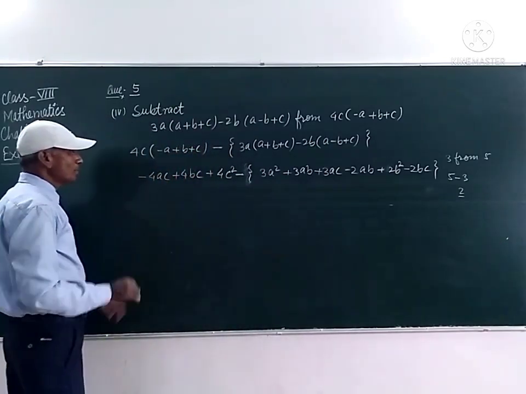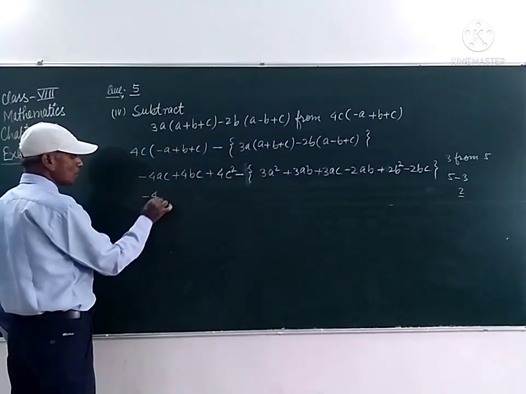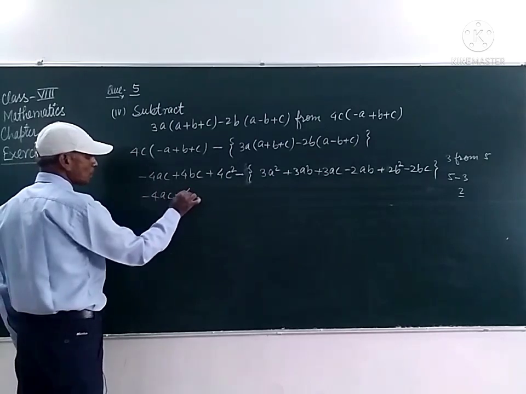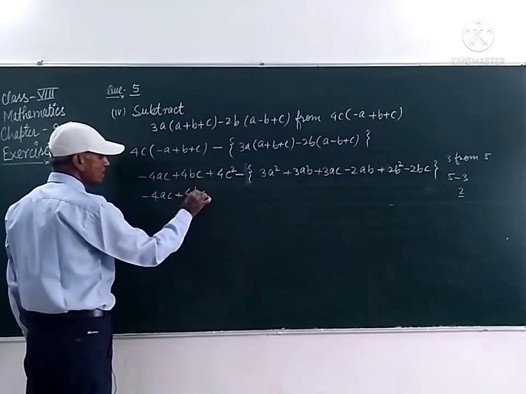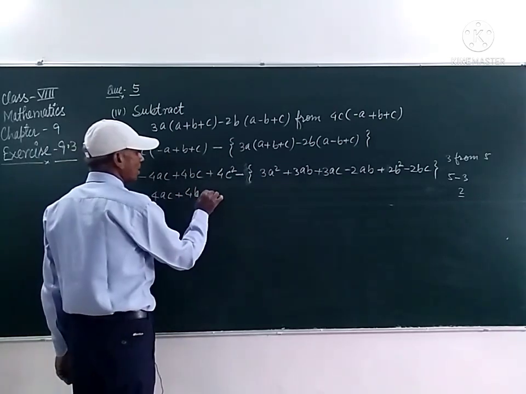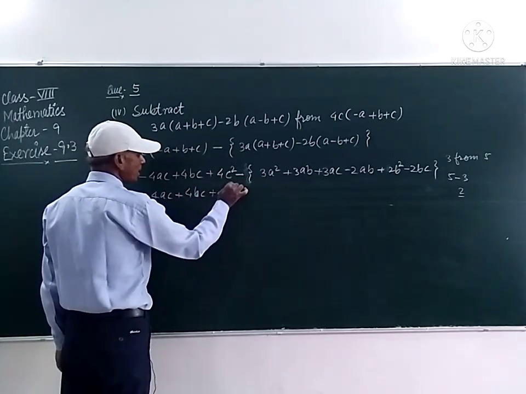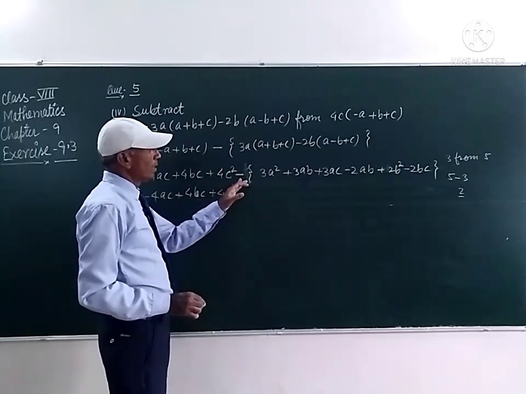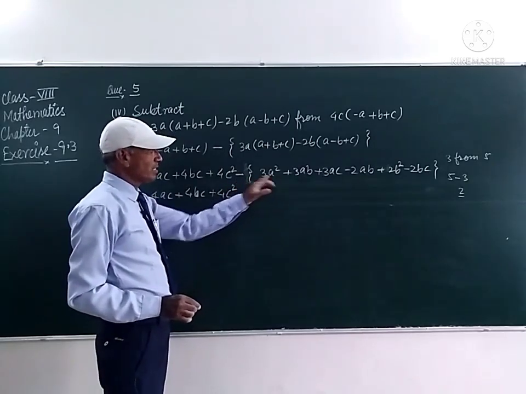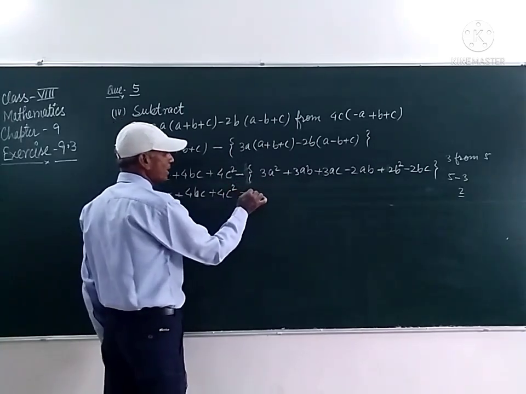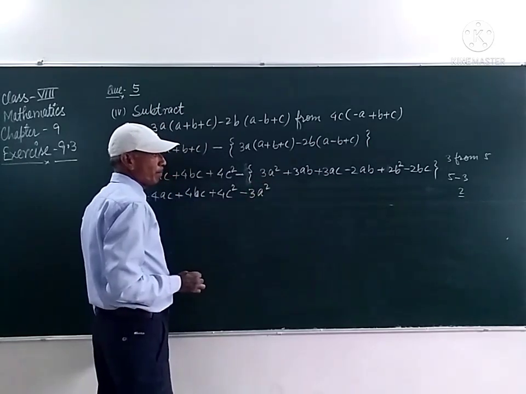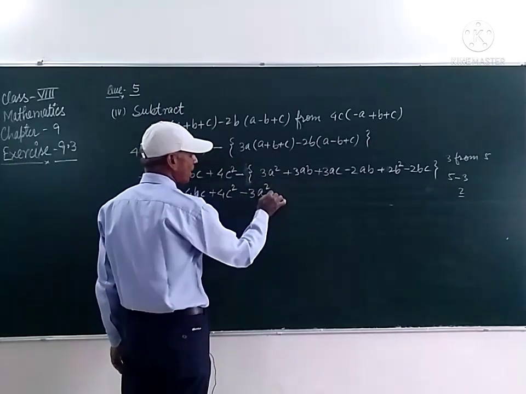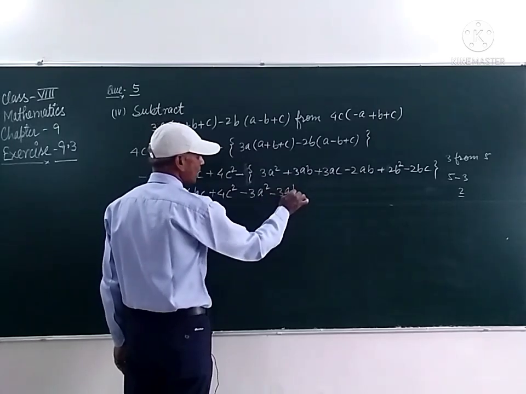In the next step, student, we have to write this minus 4ac plus 4bc plus 4c square, and after multiplying this minus, student, it will be minus 3a square, and it will be minus 3ab.